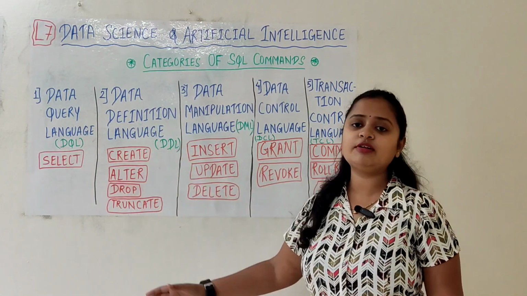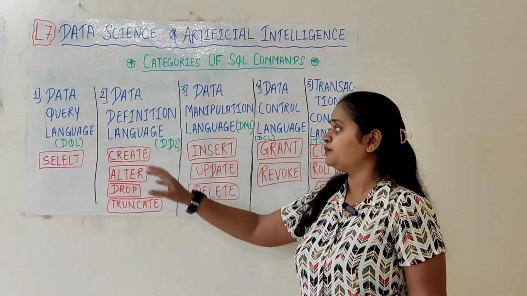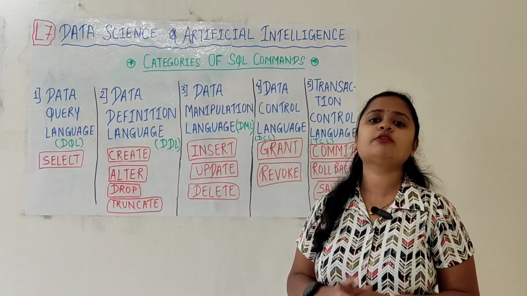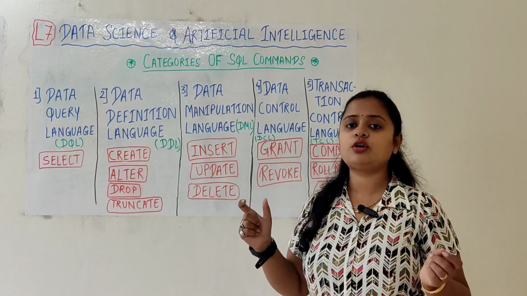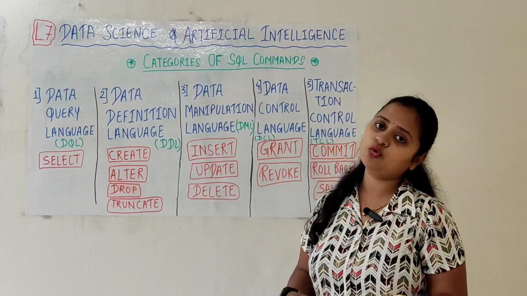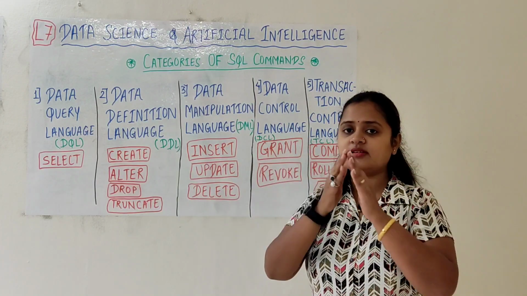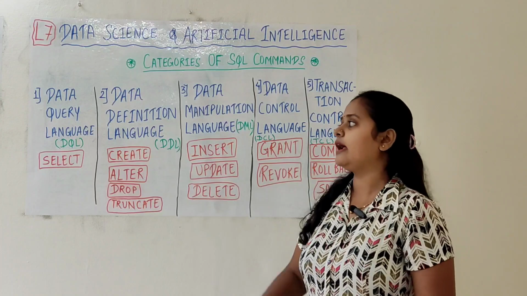Now this has four options with it. I want to tell you guys, this data definition language plays with the structure of the table. What is the structure of the table? How many columns are present, how many rows are present, the basic structure of the table. It plays with it.